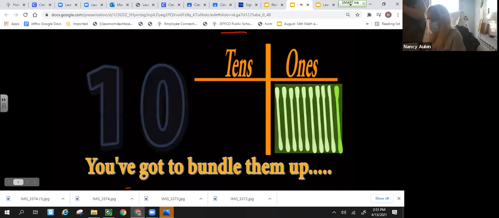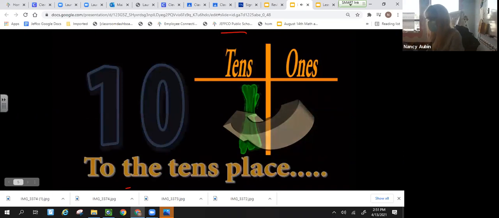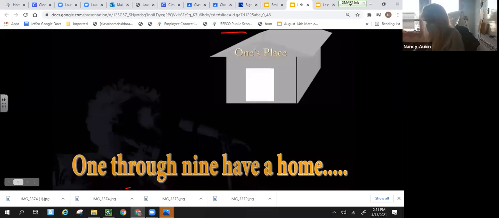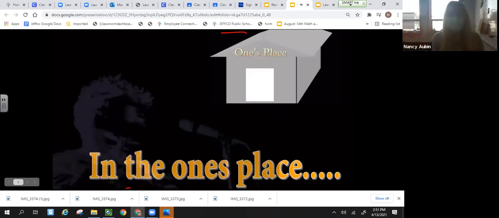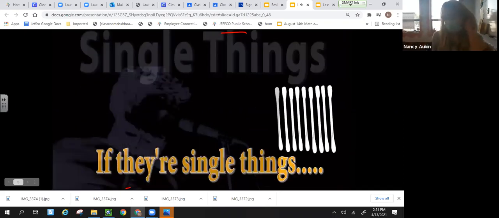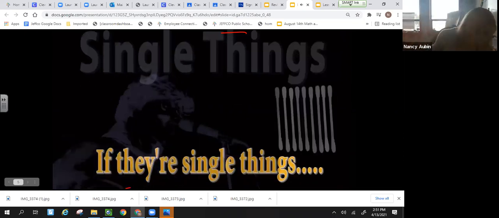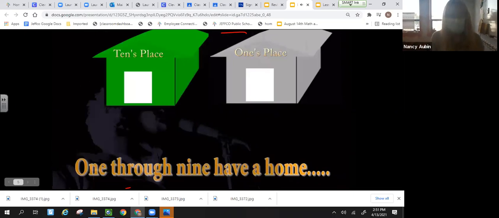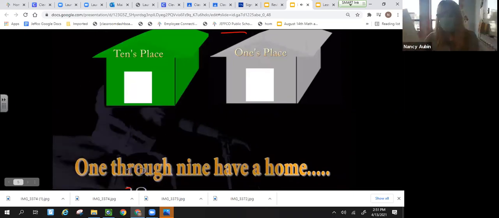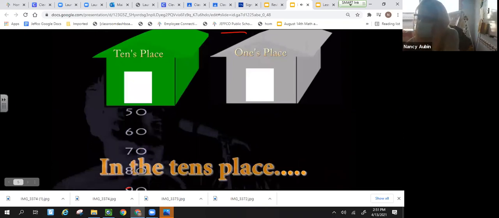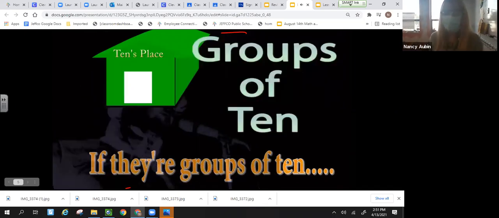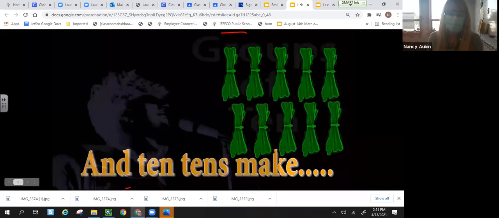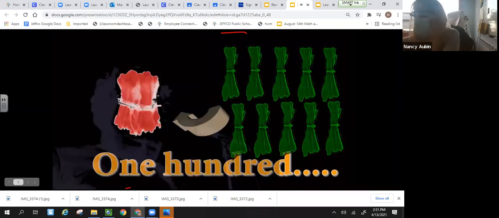We got 10. 1 through 9 have a home in the one place, if they're single things. 1 through 9 have a home in the 10th place, if they're groups of 10, and 10 tens make 100.